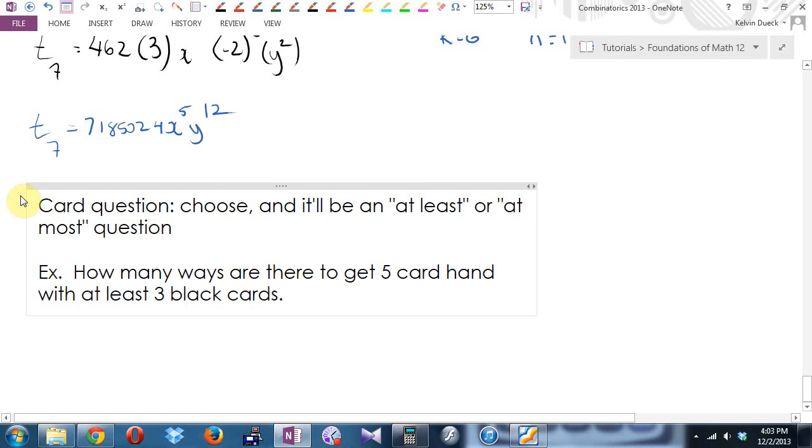What would at least 3 black cards include? I want the cases. I know it's 3 or more. Or 4 or 5. So is there subgroups here? Hey, what are the groups for cards? If I'm talking about black cards, what's the other group that I have to clue in on that they didn't mention? Red cards, so you get bucket. Okay?